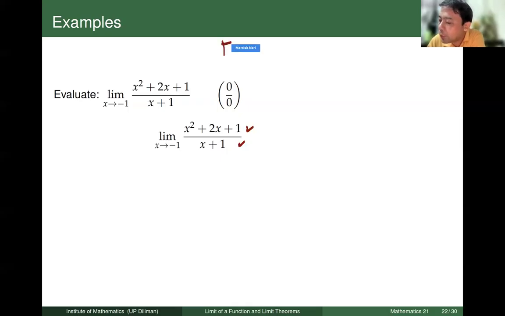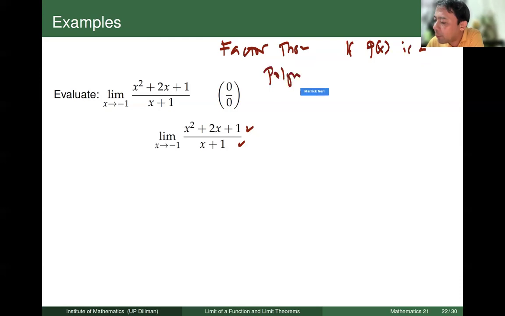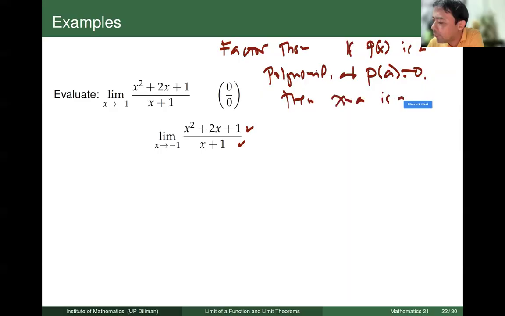If you remember the factor theorem, do you remember the factor theorem? So if P of X is a polynomial and P of A is 0, then X minus A is a factor of the polynomial P of X. Okay?